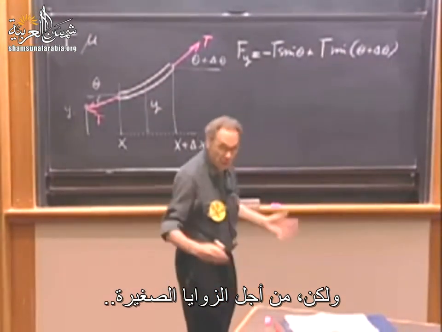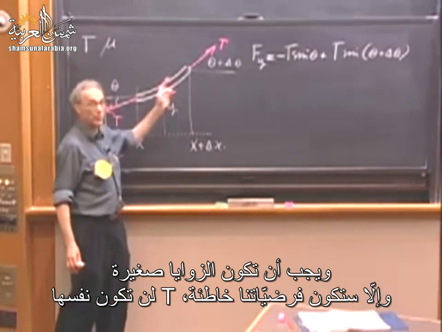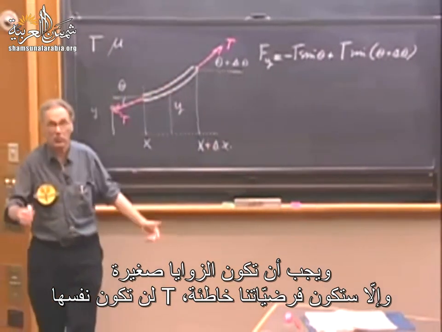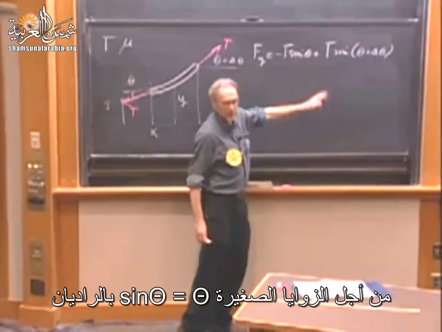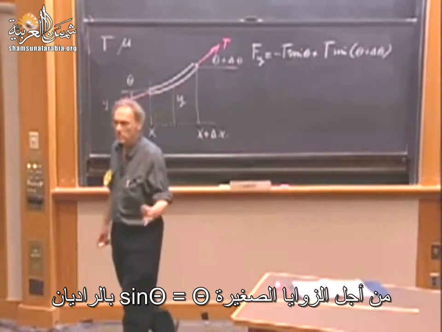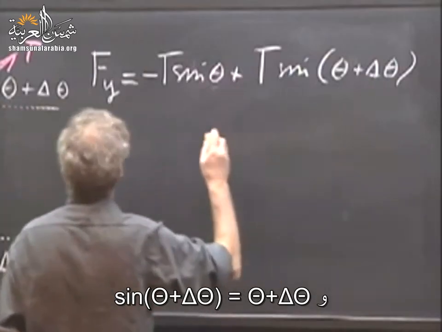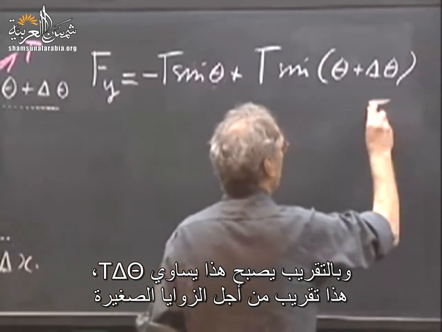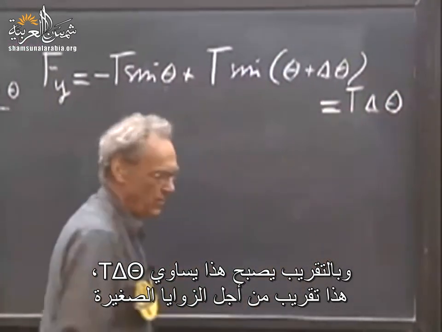But for small angles, and we have to have small angles, otherwise all our assumptions are wrong, T's are not the same. So for small angles, the sine of theta is the same as theta in radians. And so this becomes theta, this becomes theta plus delta theta, and so this thing becomes T delta theta. That's an approximation for small angles.